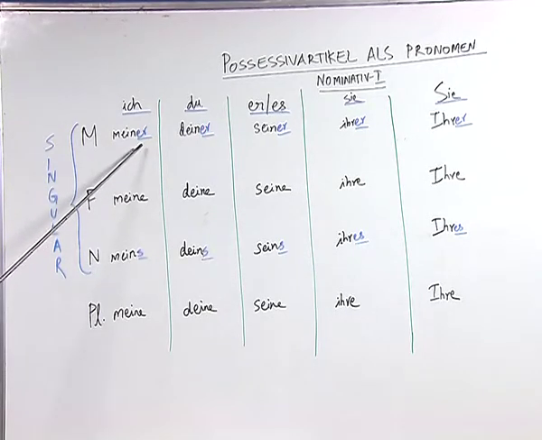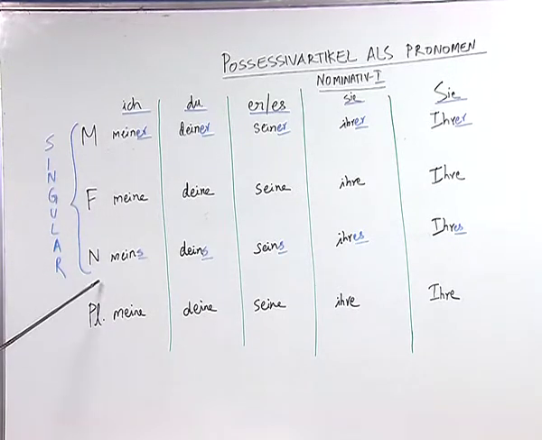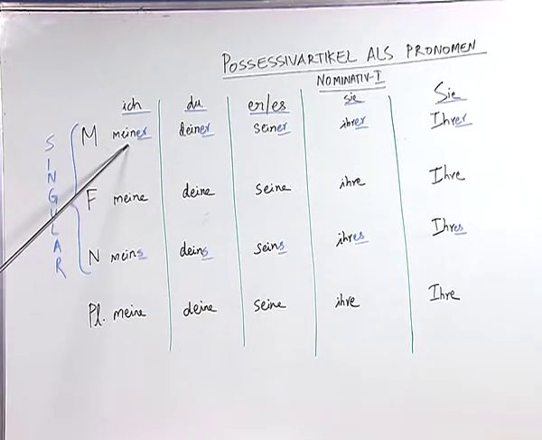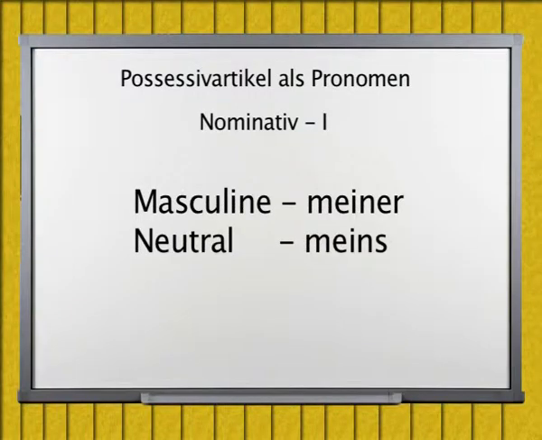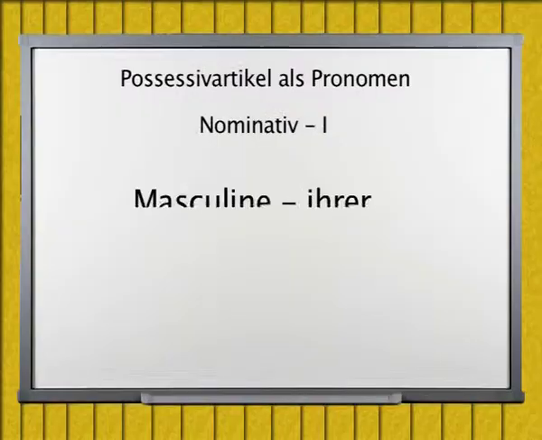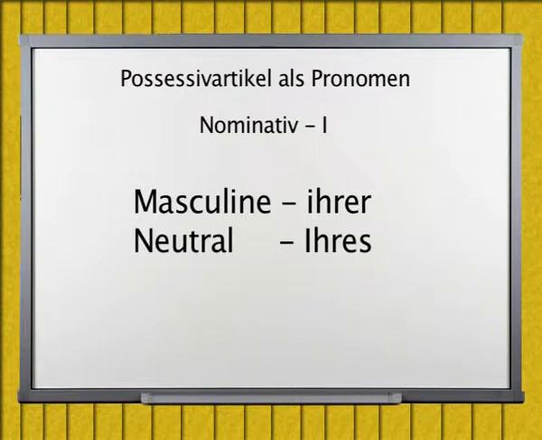However, if you see, I have written here with the blue pen the ending for the masculine as well as for the neutral possessive article, and you are already familiar with this structure here which is embedded here, which is einer, eins, and here ihrer, ihres.